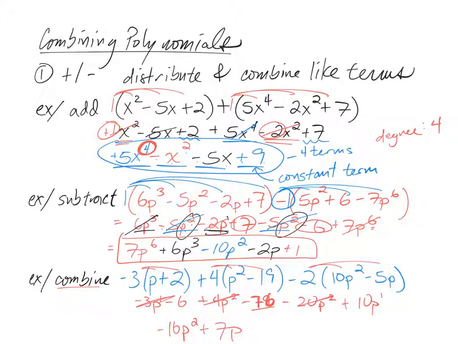It takes care of that and that. And then I have a minus 6 and a negative 76. I think that should be negative 82, because that's a 76, not a 78. And so here we have a 2nd degree polynomial, or you can say polynomial with degree 2, that has 3 terms.